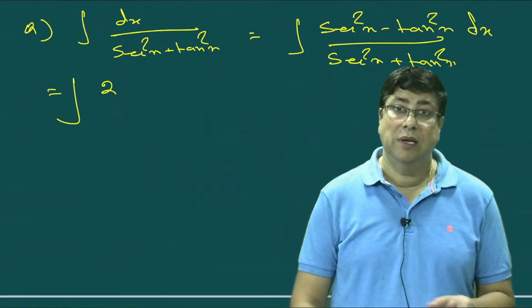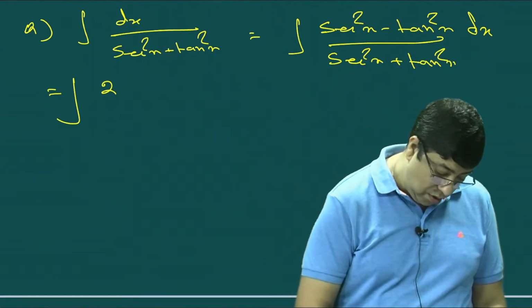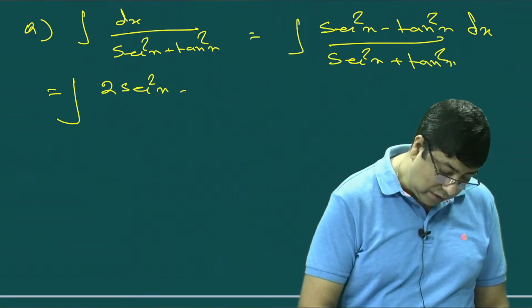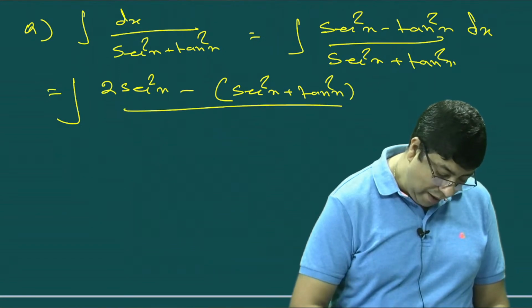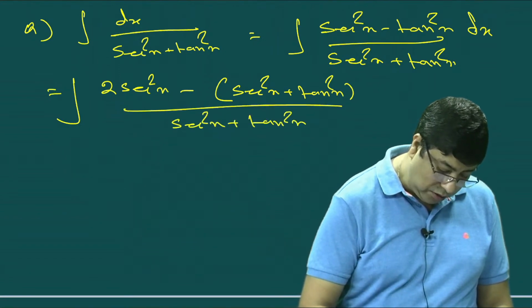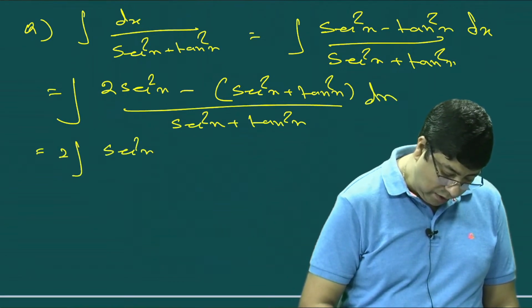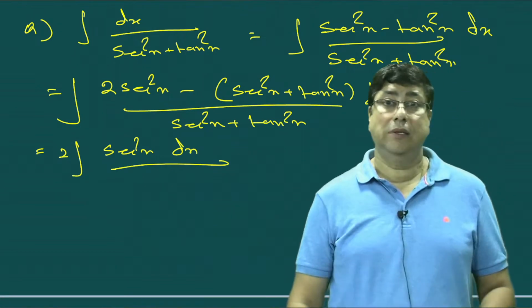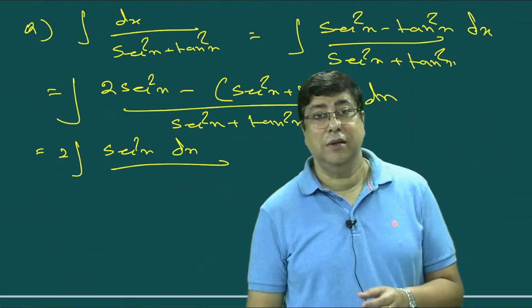We have to present sec square x and the other parts should be cancelled. So let us manipulate in such a way. Let us write like this, sec square x minus sec square x plus tan square x, divided by sec square x plus tan square x dx. So we can write this as 2 sec square x dx by sec square plus tan square. We have to absorb the numerator sec square x.